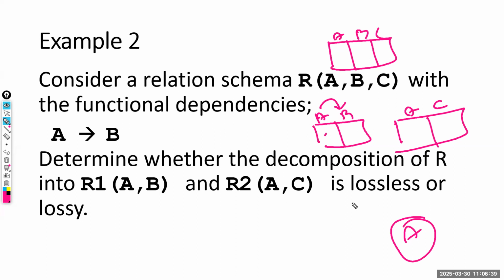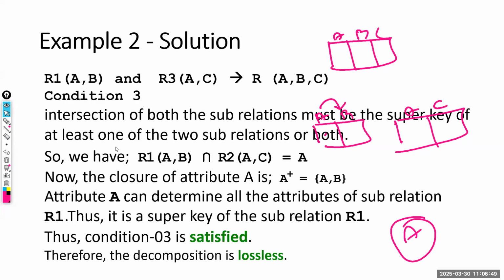Right? So this is (A, B), this is (A, C). And A determines B. Of course, A does not determine C, but A determines B. Therefore, it satisfies the third condition because A is a super key of this relation.